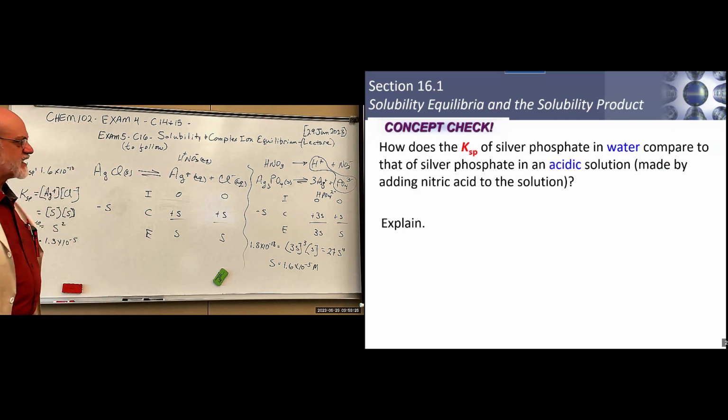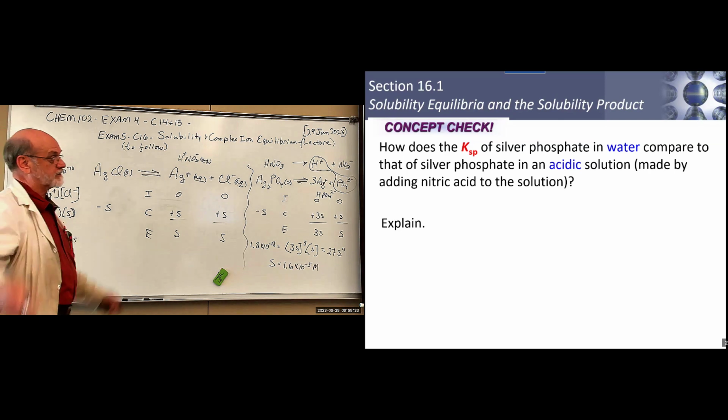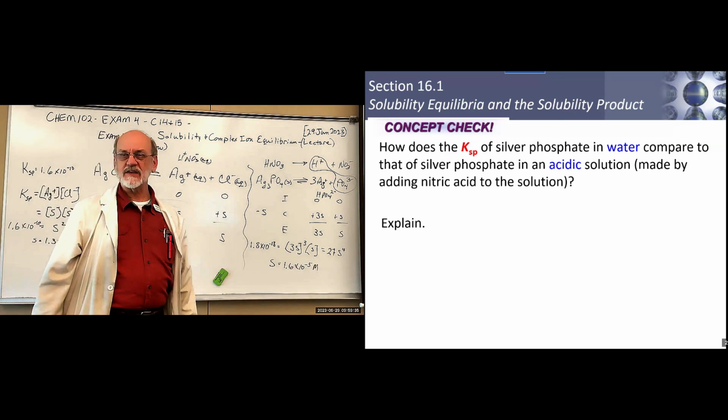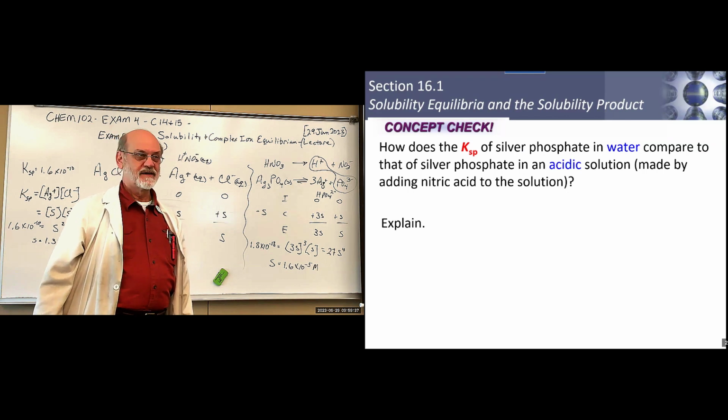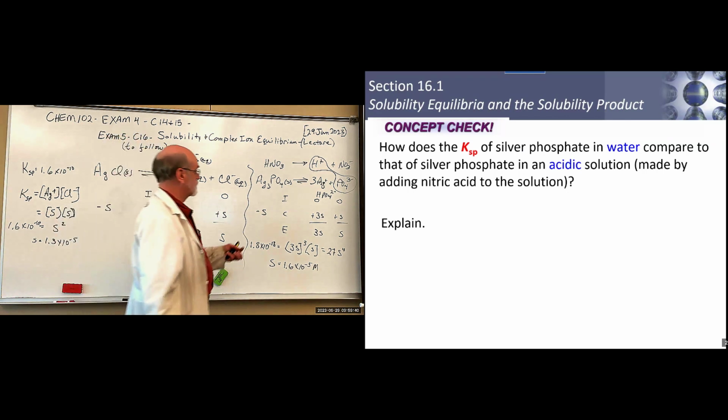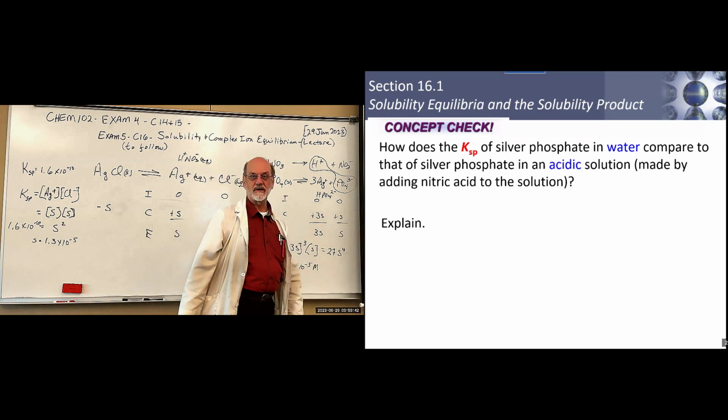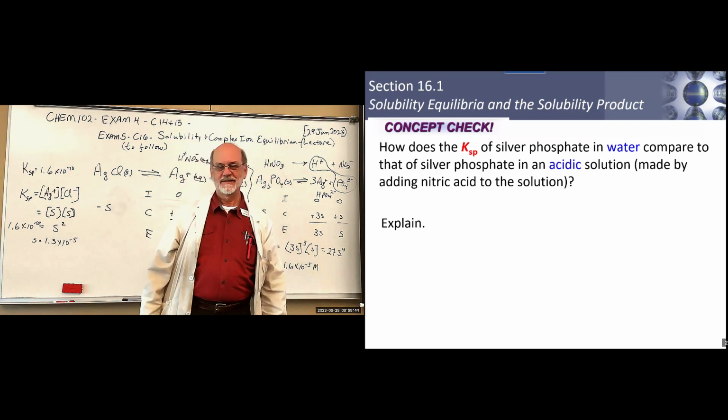Okay, how's the KSP of silver phosphate in water compared to that of silver phosphate in acidic solutions made by adding nitric acid, for instance? How does the KSP compare in those two situations, water or nitric acid? It's kind of a trick question.